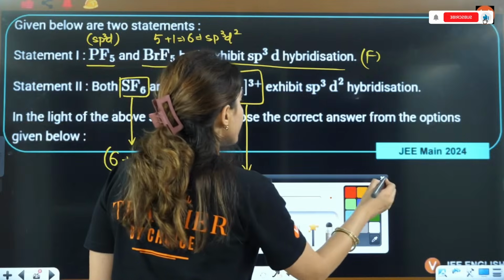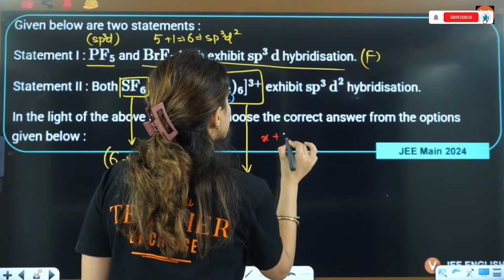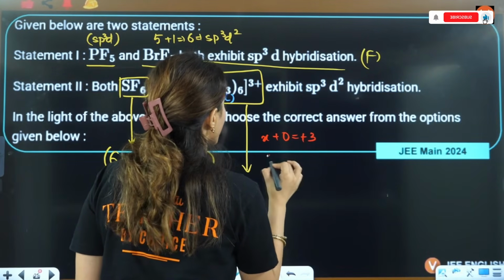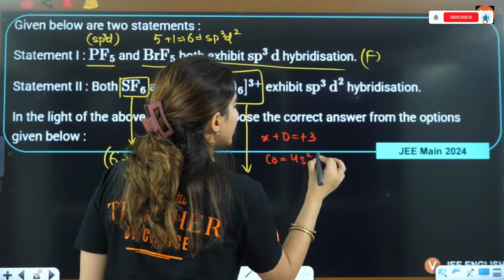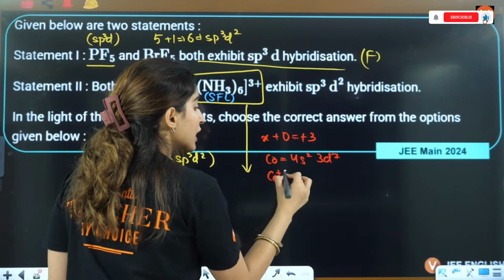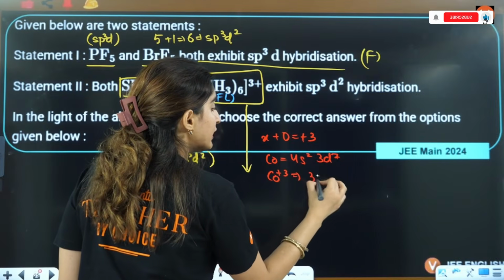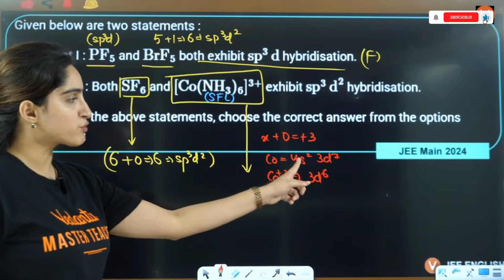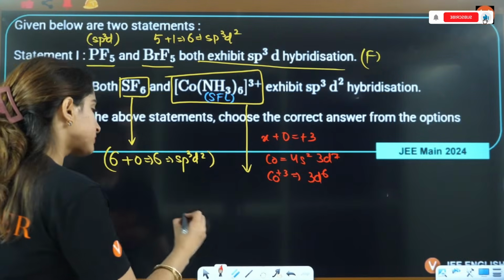Okay. So now we know that here x plus 0 is equal to plus 3. So cobalt, which is 4s2 3d7, with the atomic number 27, cobalt plus 3 is going to be 3d6. 2 electrons from here, 1 from here.